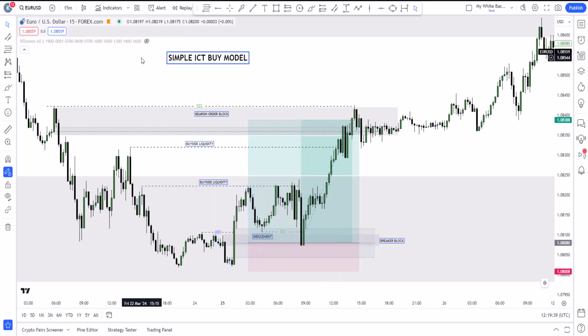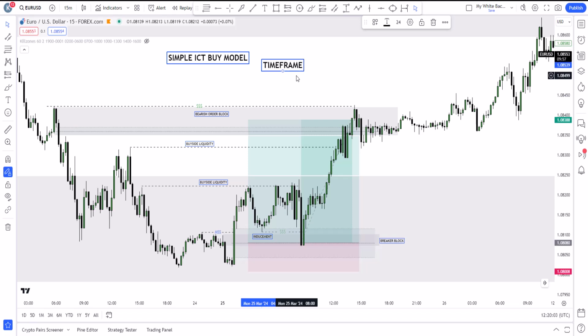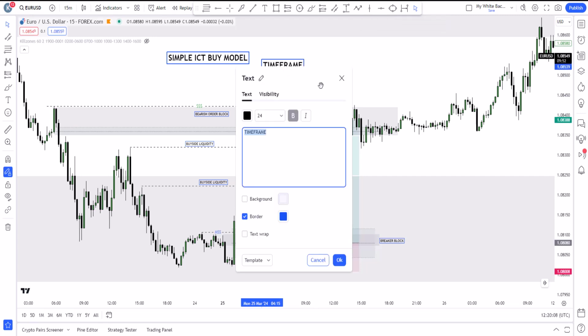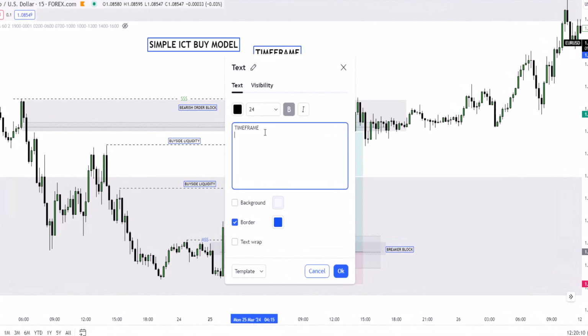Starting from the time frame concept now, what time frame is best for this and how to use it? To answer that question, we wouldn't be having any challenge with a specific time frame, because we would be navigating different time frames, starting from the higher time frame to the lower time frame to get that type of model. Secondly, we're going to talk about liquidity or point of interest.